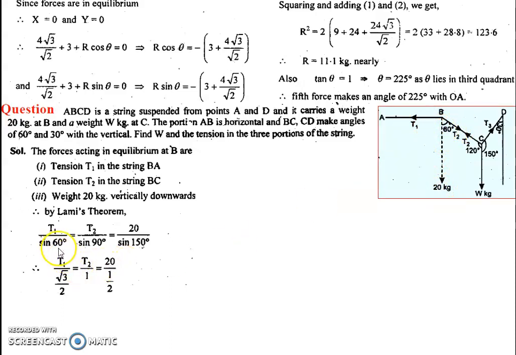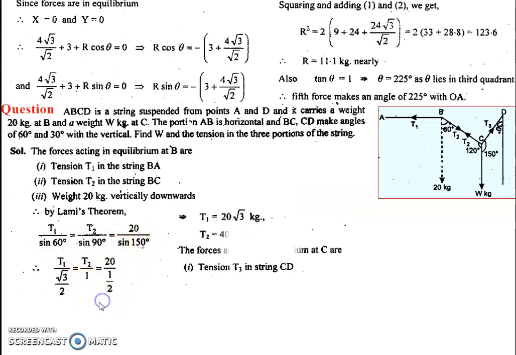I put the value: sine 60 is root 3 by 2, sine 90 is 1, and sine 150 is 1 by 2. So I got T1 equal to 20 root 3 kg and T2 equal to 40 kg. The forces are in equilibrium at C also, and we want to find W and the tensions.